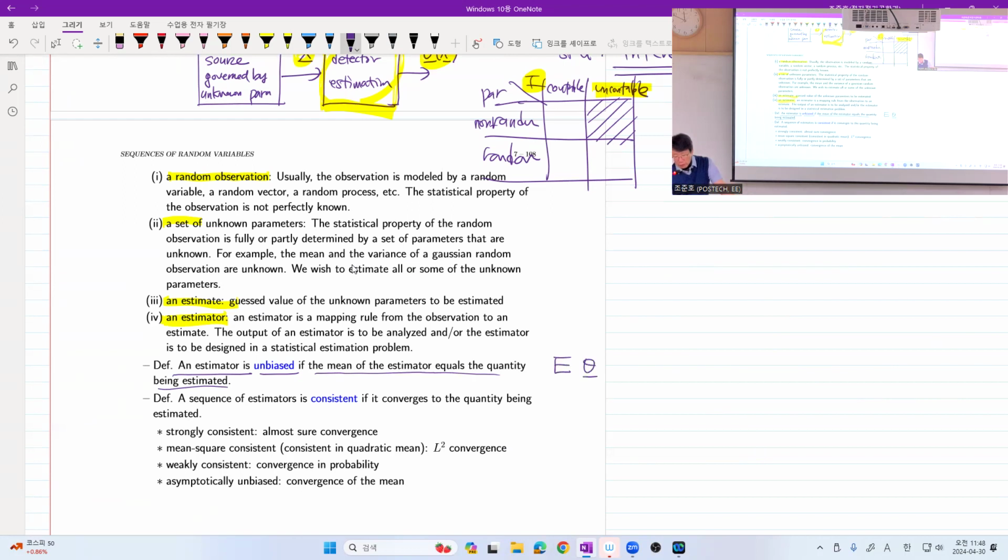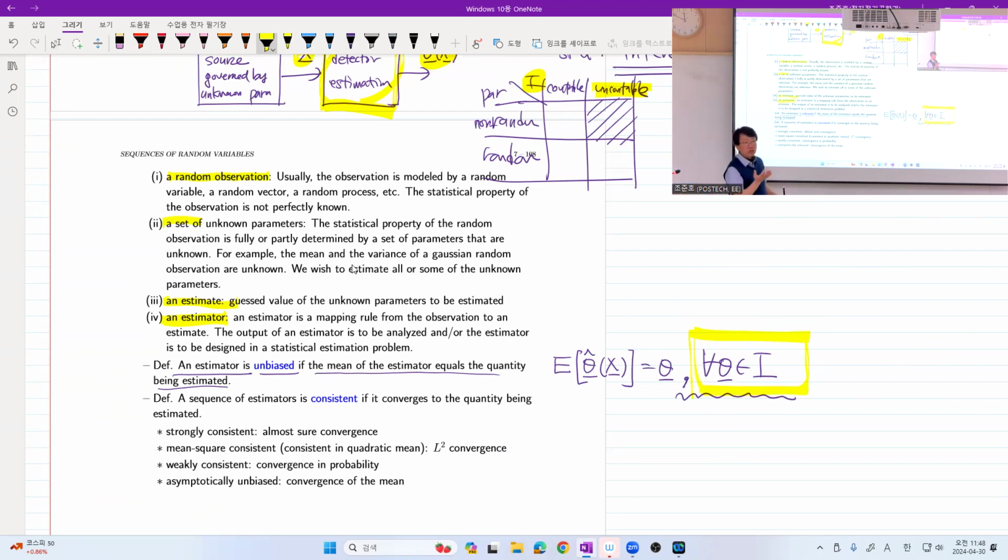So you have estimator, and be careful here. This part is often ignored even by the instructors and the students: for all theta in the index set. Okay? This is the most important thing. Say that if you change theta, distribution changes, right?